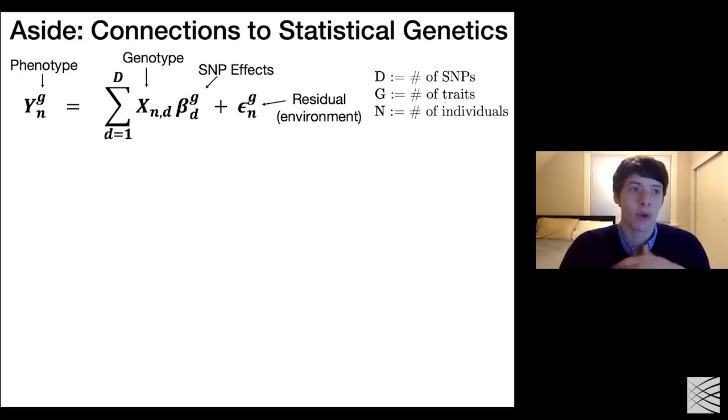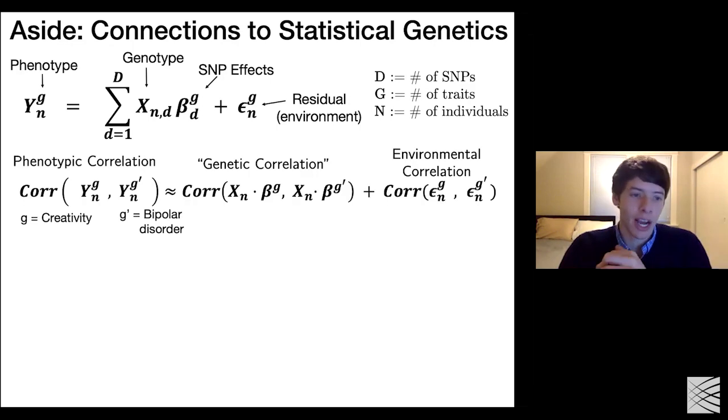And hopefully I don't offend those who really are experts in statistical genetics by this gross approximation of genetic correlation. But the idea here essentially is that we might decompose what we see in terms of phenotypic correlation, say between two traits of creativity and bipolar disorder, under some assumptions, in particular independence between genetics and environment and things being generally small.